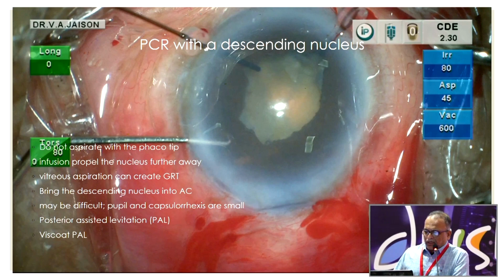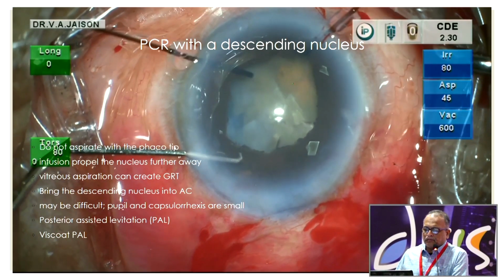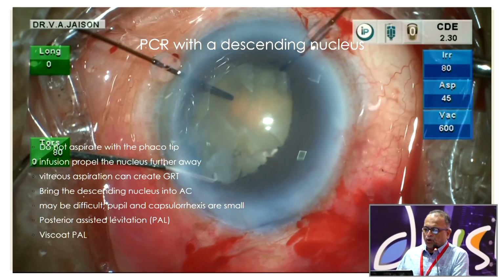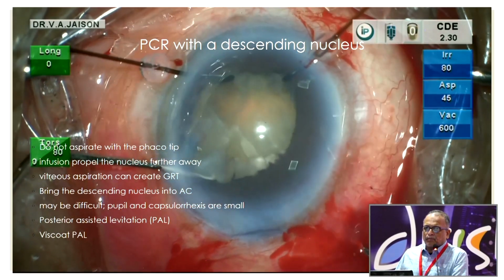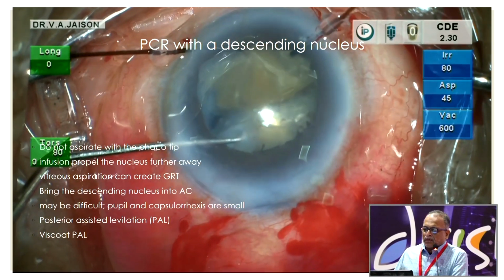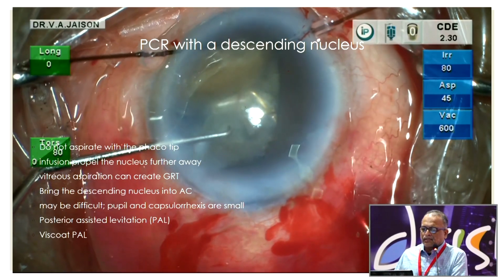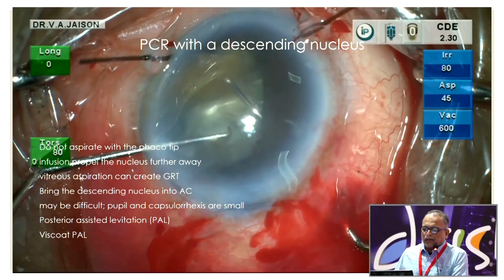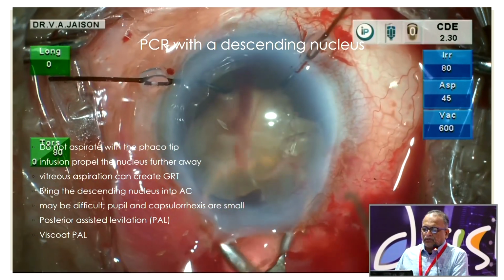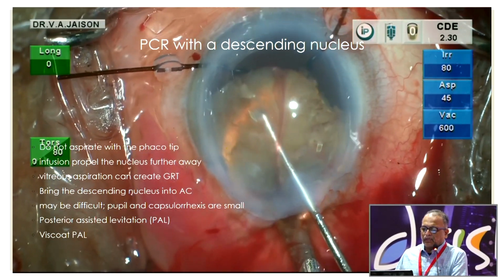How do you bring the nucleus into the anterior chamber? It may be difficult when you have a small rhexis or a small pupil, but this should be done through the pars plana. Approach through pars plana is easier than approach through paracentesis, and you can see in the video the posterior assisted levitation of the nucleus being done.